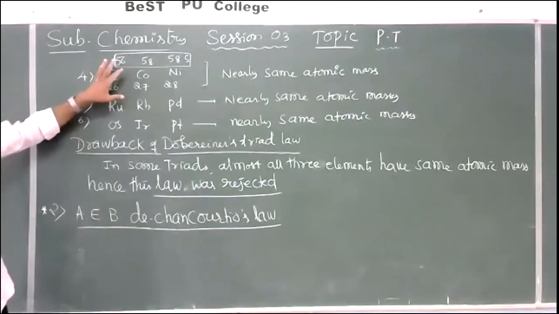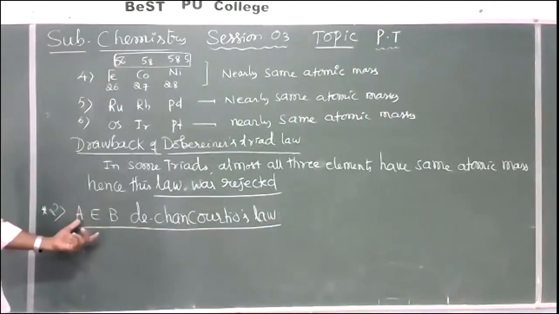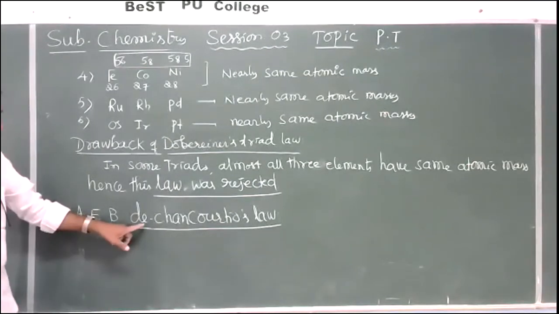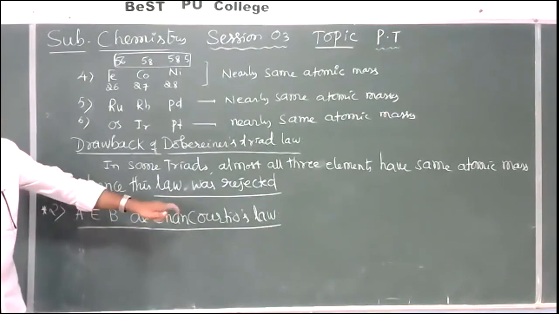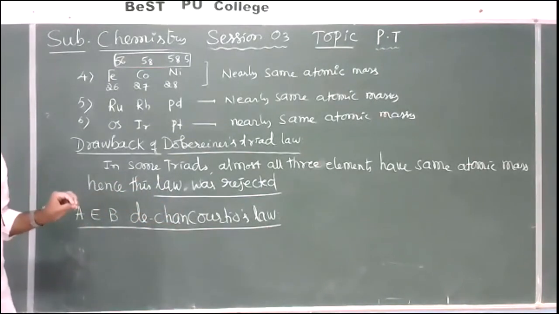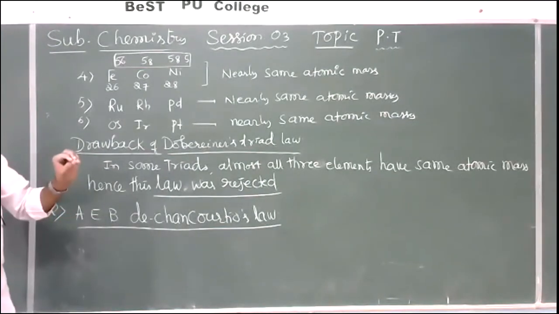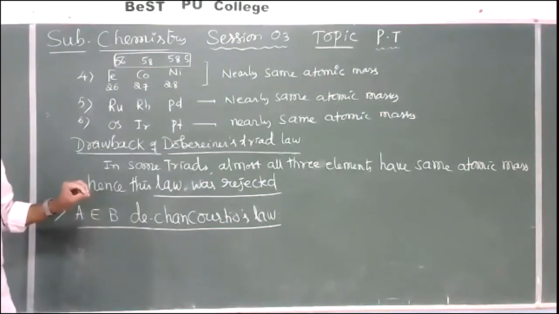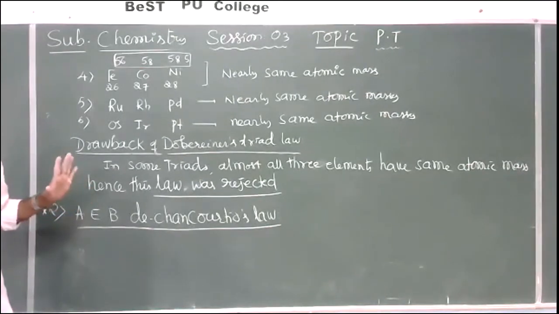So after Dobereiner, one more scientist, nearly in the year 1865, introduced one more important law: de Chancourtois' law. He gave a very simple explanation by using a cylindrical chart arrangement, and he took atomic mass as the basic unit to classify all known elements.